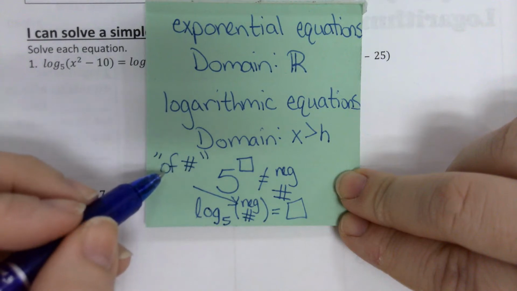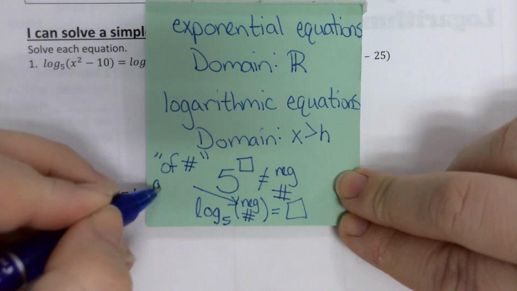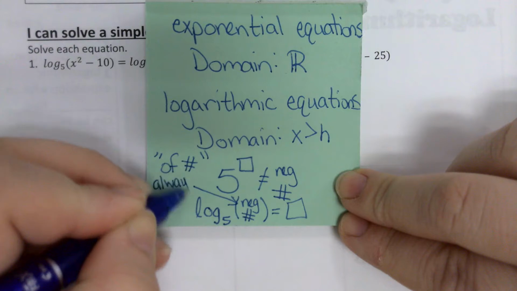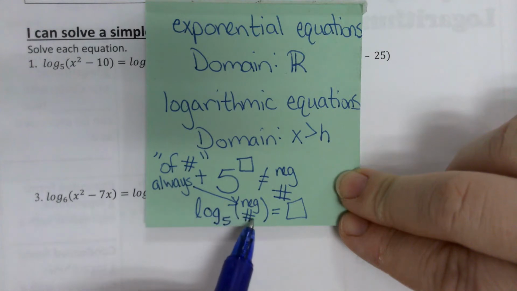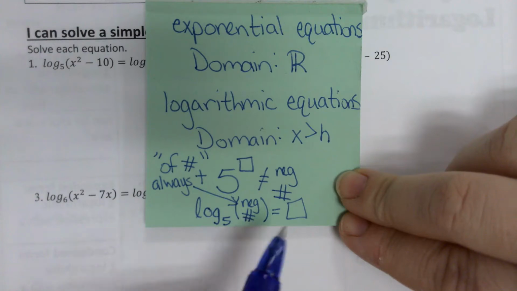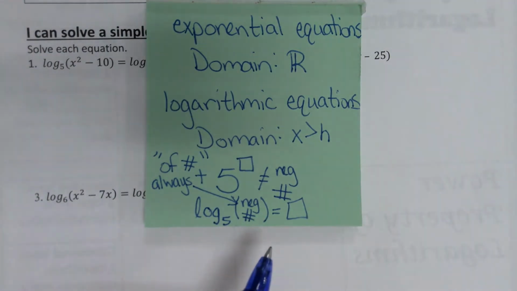My of number must always be positive. So if you ever get a solution that when you plug it back into your of number gives you a negative number, you have an extraneous solution and it needs to be excluded from your answer.